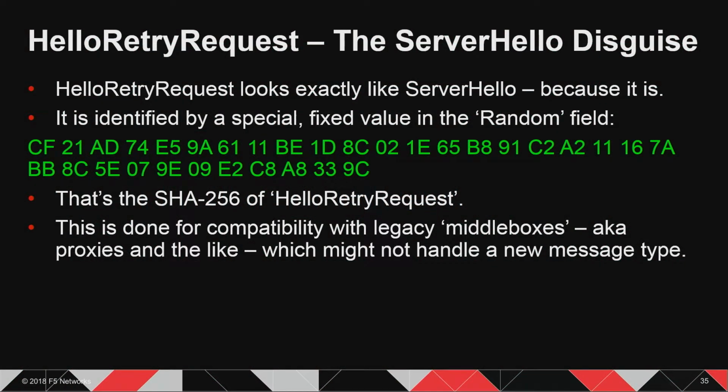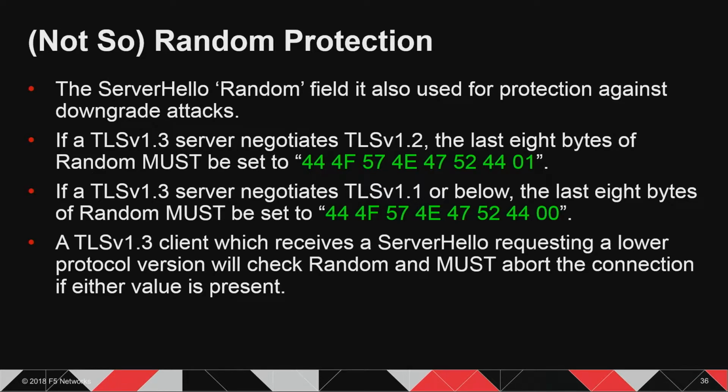I talked about that hidden message, the encoded message earlier. Hello retry request looks exactly like a server hello in TLS 1.2, but it has a completely different purpose. It's identified by this special string, which is just a SHA-256 of hello retry request in the random field. So obviously it's not random. Again, middle boxes. Middle boxes hurt a lot.